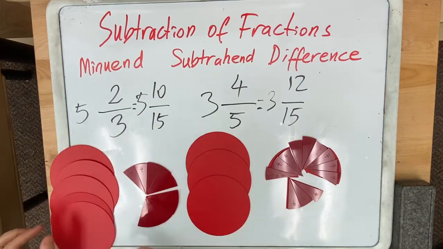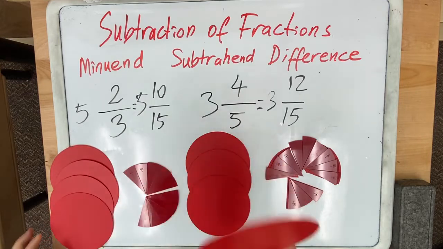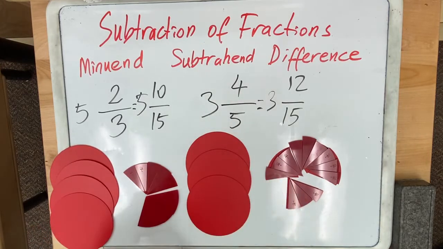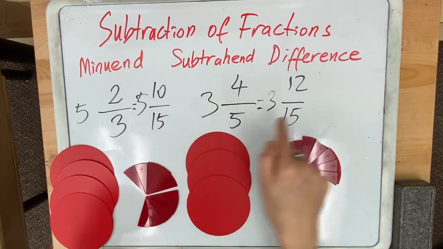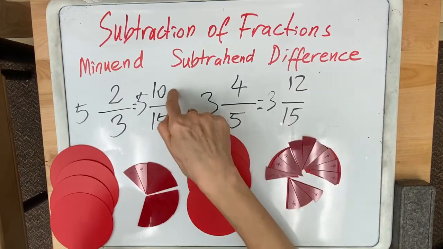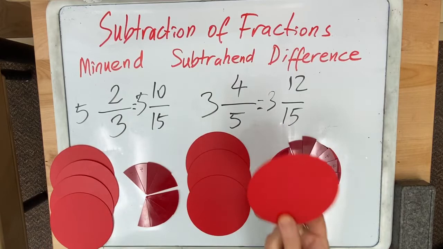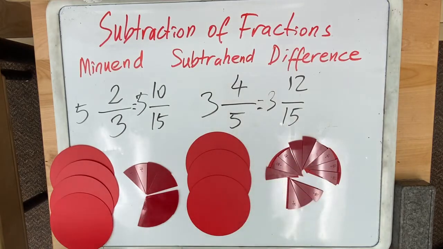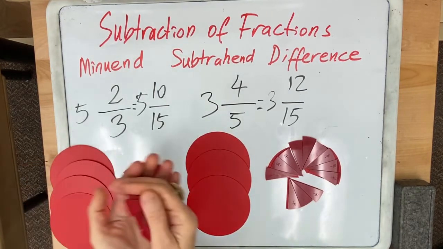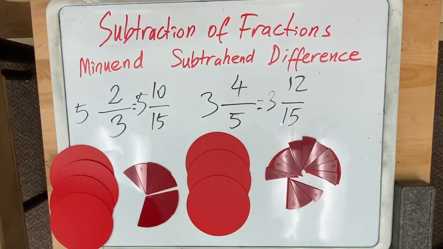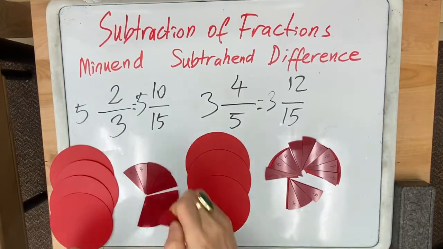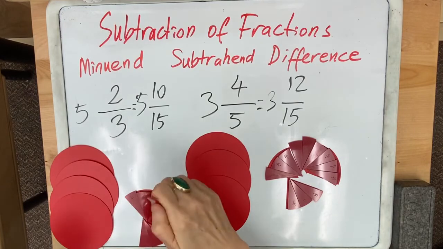So I'm going to wait on that, and I'm going to have to exchange one of these. Looking at the fraction, since I have to take this fraction from this one, I'm going to exchange this for 15/15ths, representing 1 whole. 15/15ths. Let's count some.